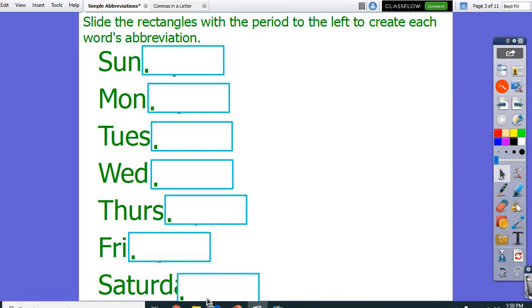And Saturday is a little bit tricky too because we don't just take the day, we have to take the U-R off too to just make it Sat. So good. Remember, in abbreviations, they always will start with a capital letter because these are names of days. And then you put in a period at the end of them. Alright, so there's the abbreviation for each of the days.